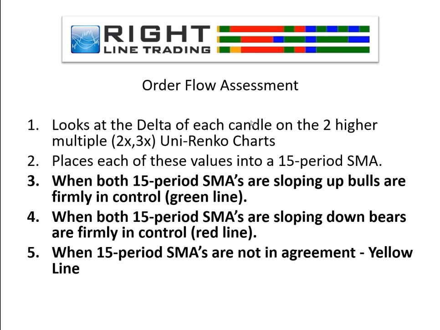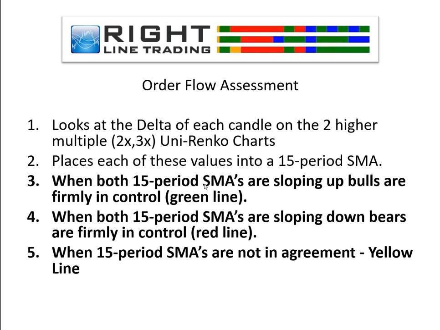So what we do on the 2 higher time frames is we put each of these market deltas into a 15-period simple moving average. This serves to throw out the outliers because you're looking at averaging the last 15 market deltas on the 2 higher time frames.